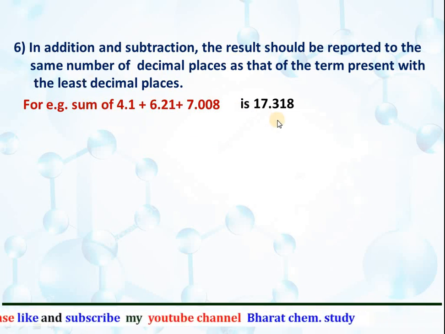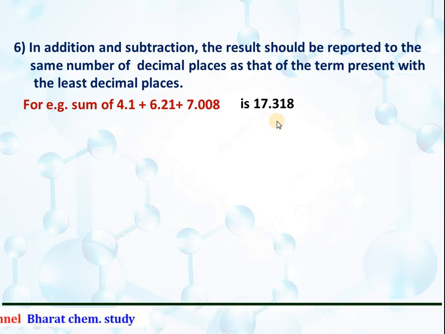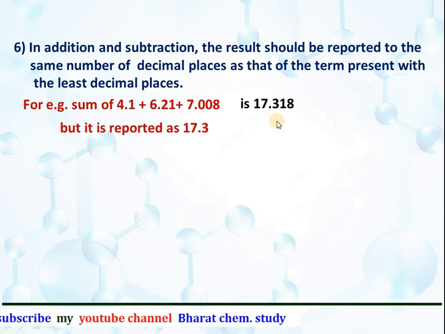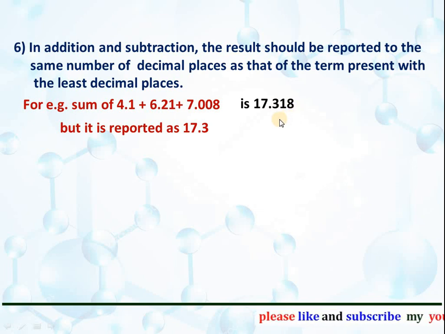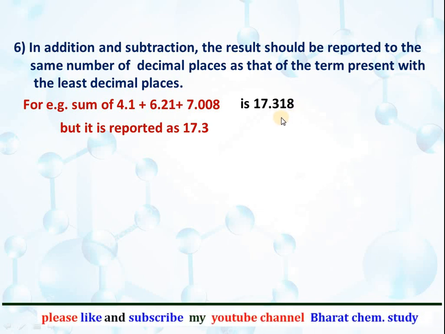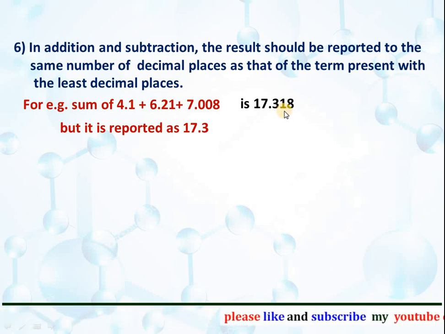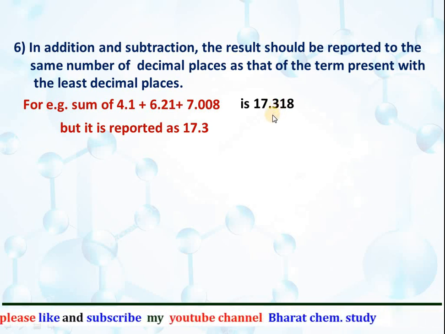So our reported answer must also have only 1 decimal place. So 17.318 will be written as only 17.3. But before removing the other digits, the rule for rounding off must be taken into consideration. Here we are going to remove 1 and 8, and this number 1 is less than 4, therefore we are not going to add anything.